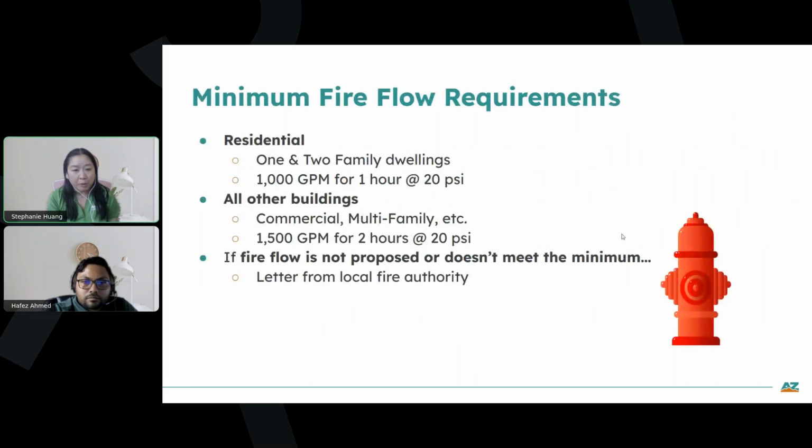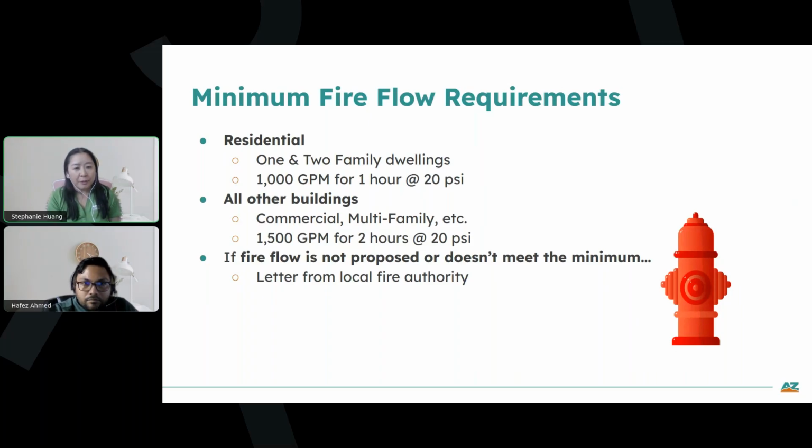Minimum flow requirements that we usually look at in our ATC review: for residential one and two family dwellings, 1,000 gallons per minute for 1 hour at 20 psi. That's the minimum. All other types of buildings, commercial, multifamily, 1,500 gallons per minute for 2 hours at 20 psi.